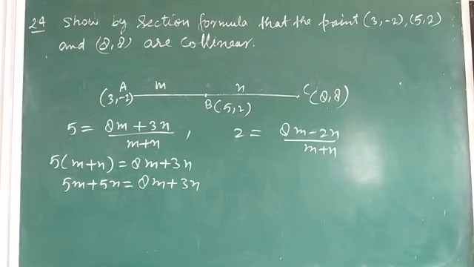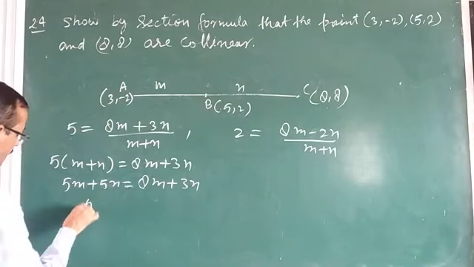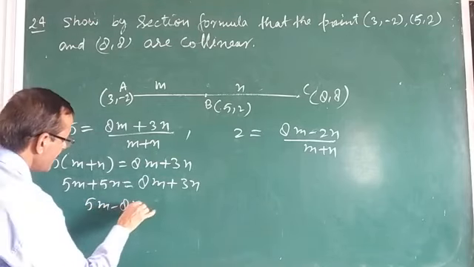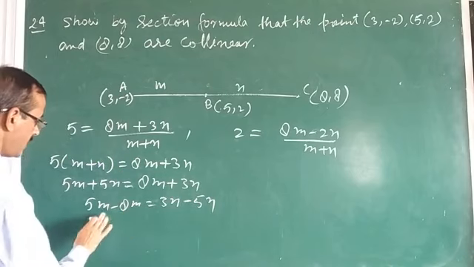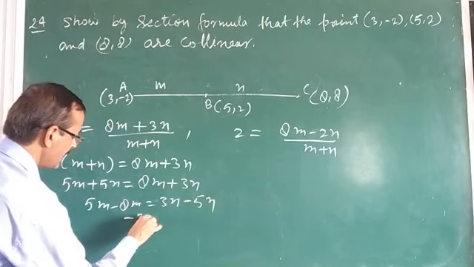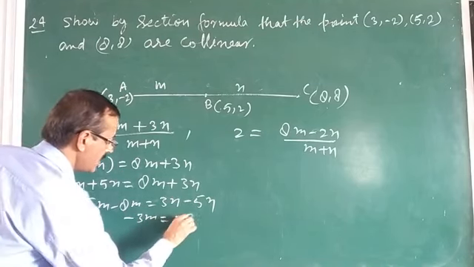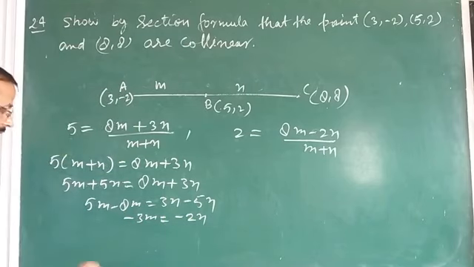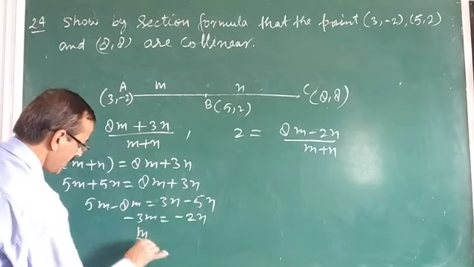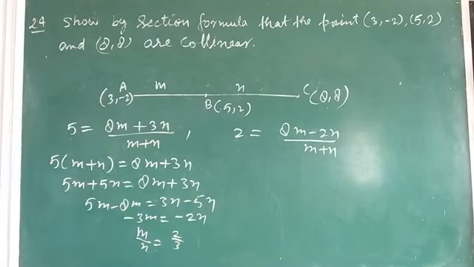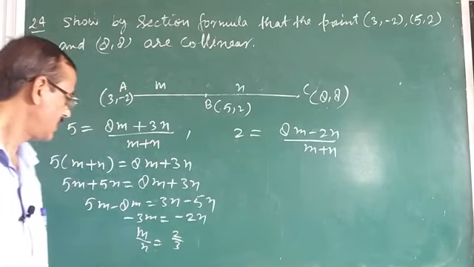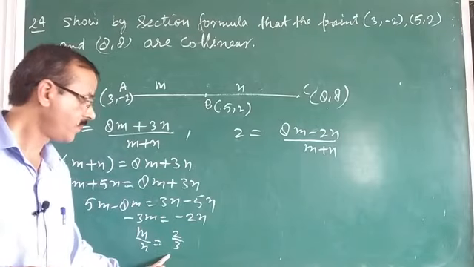Yes, now transpose: 5m minus 8m is equal to 3n minus 5n. Subtract 5 minus 8, what will be? Minus 3m. 3 minus 5 is minus 2n. Minus minus cancel, we can say m upon n is equal to 2 upon 3.